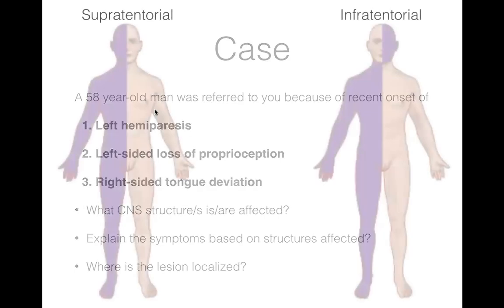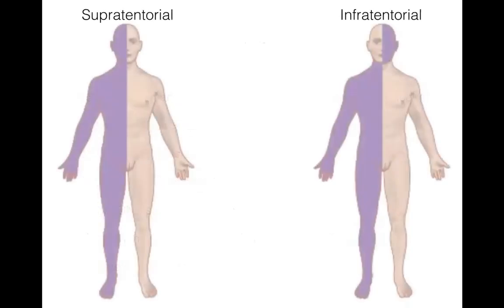Before we proceed, the lesions that we're going to discuss today are considered to be infratentorial because, as you recall from the previous lecture at the start of the semester, the brainstem is an infratentorial structure.